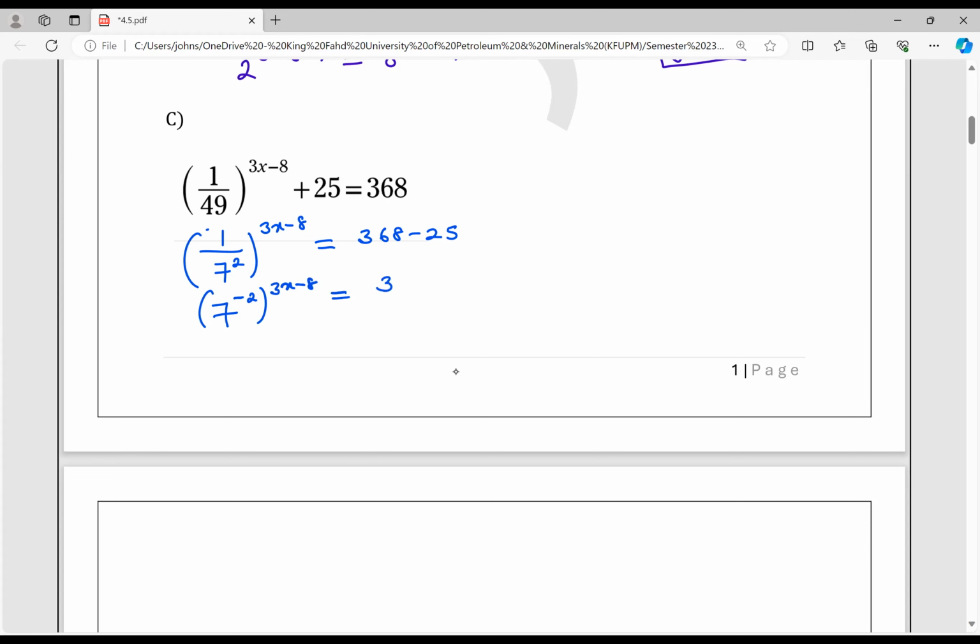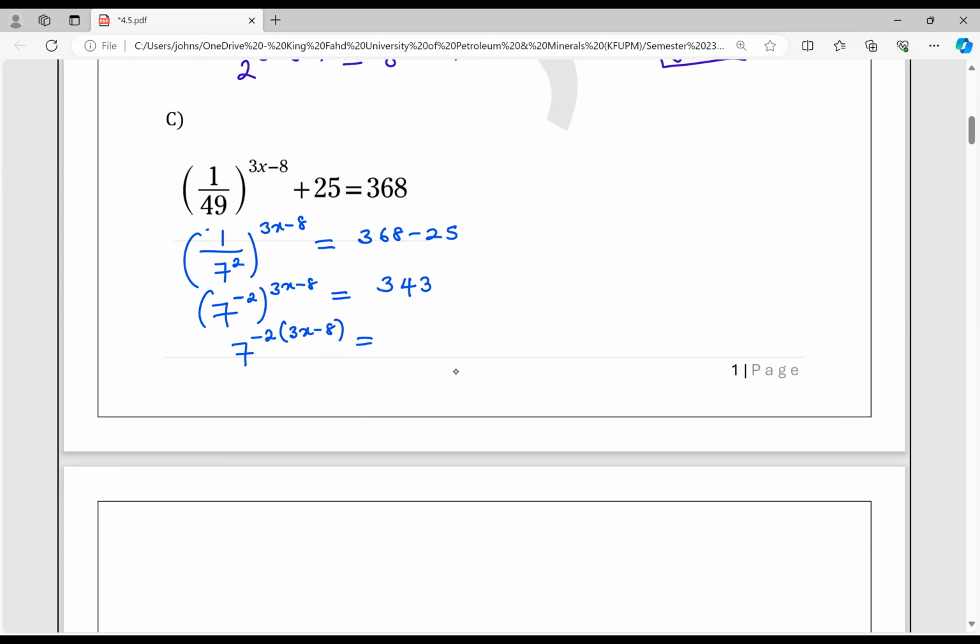Then 3x minus 8, and this will give us 343. Yes, 343. And now this is just 7, because of this minus 2, I'll put minus 2 outside for the power now.